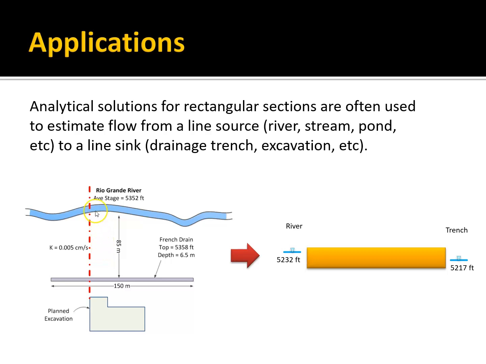Assuming you had a low permeability barrier at some depth below this, you could represent the flow between the river and this trench as a rectangular section of soil as a simple first approximation. The boundary conditions would be the river at 5232 and the trench at 5217, with one-dimensional flow from the river to the trench through this rectangular section.